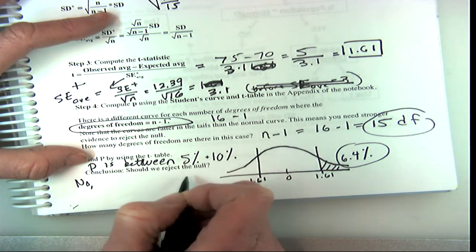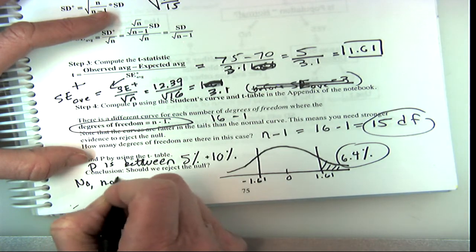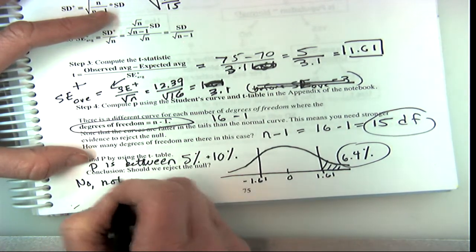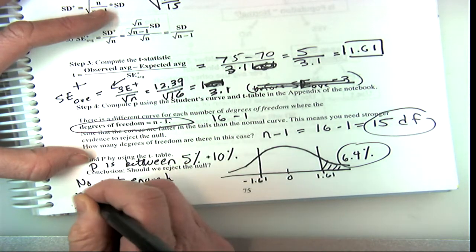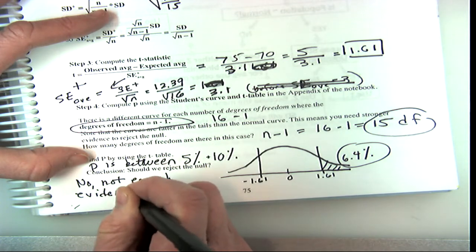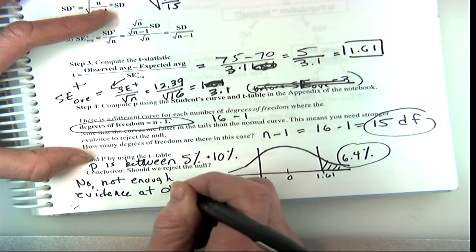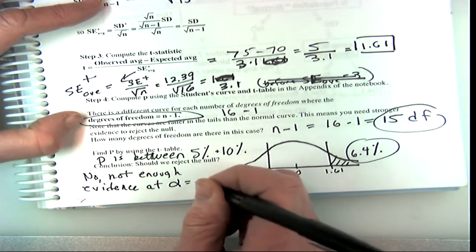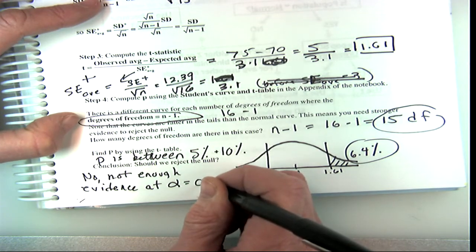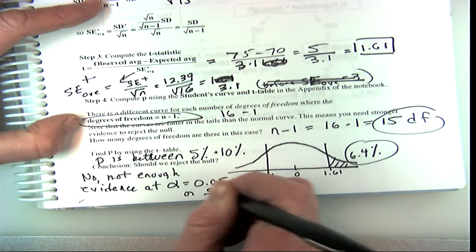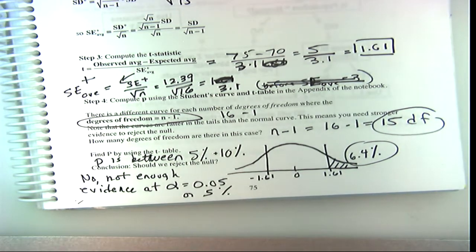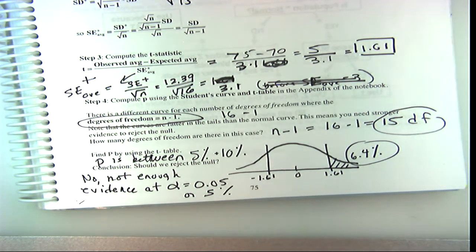We can't reject the null. We're not far enough out. We almost are. Not enough evidence at the significance level that's demanded for most things, alpha equals 0.05 or 5%, as they say. So, no, not enough evidence, but it's close. Maybe if we got a little more evidence, a bigger sample, we would be able to reject it.